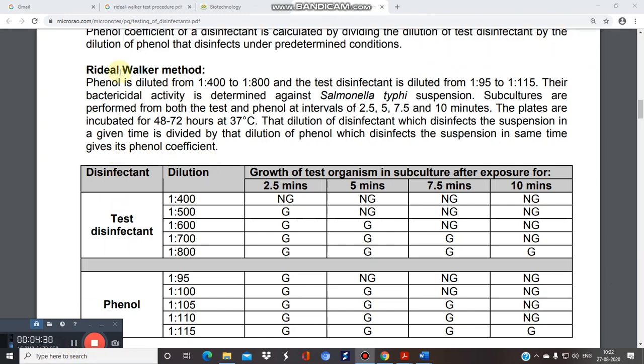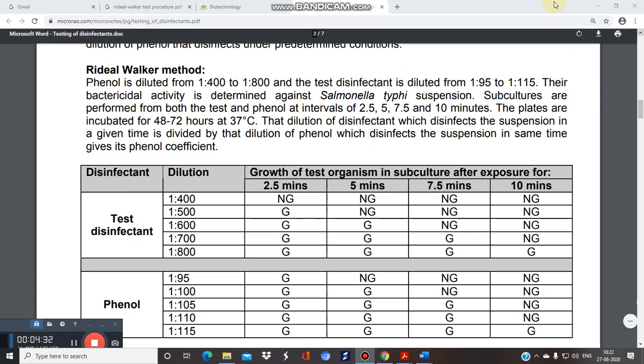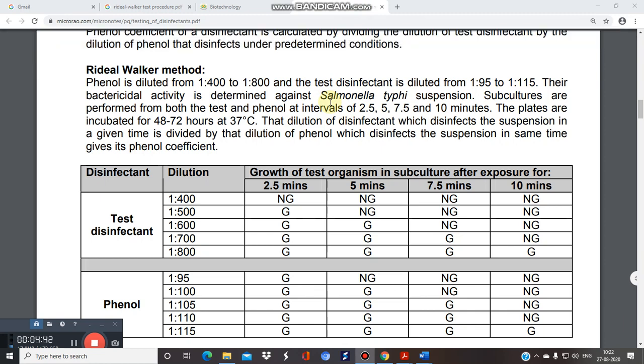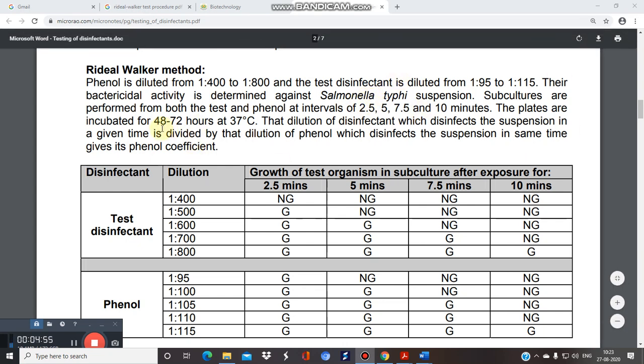So what you will do, first of all, you need a phenol, that is used as a standard. Second thing, you need a disinfectant that you have prepared, or the test disinfectant. Third thing, you need the bacteria upon which you will test your disinfectant. And most important thing, you need different conditions. For growing this bacteria, we have different culture conditions like 37 degrees Celsius for at least 48 to 72 hours.